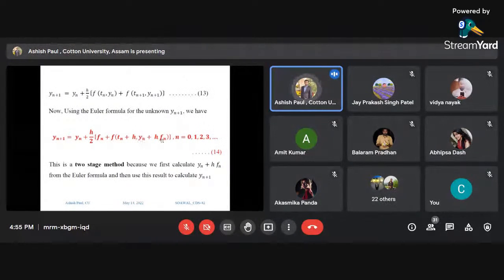What is this? This is nothing but yn plus 1 from Euler's method. Please recall Euler's method: yn plus 1 is equal to yn plus h into fn. So here again we are using Euler's method to take the average of the two slopes, that is, at fn and f of n plus 1.